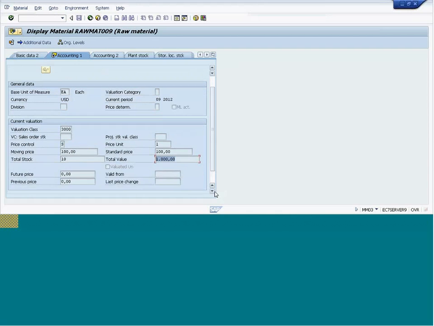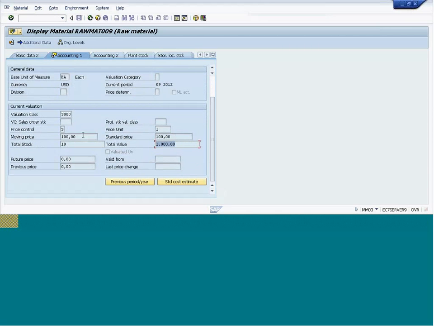Okay. And please observe one more thing. Even though it is a standard price, your moving average price also gets calculated, okay? Just for statistical purposes only. Oh, just for statistical purposes. Yes. So that means you can run a report on that also? Yeah.